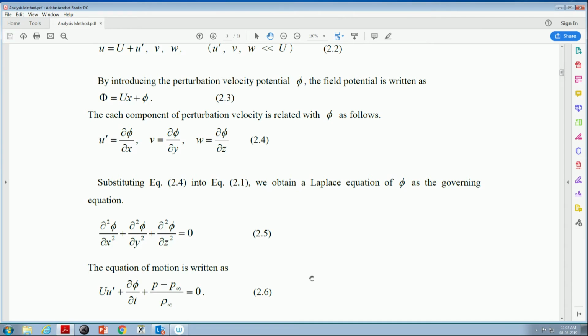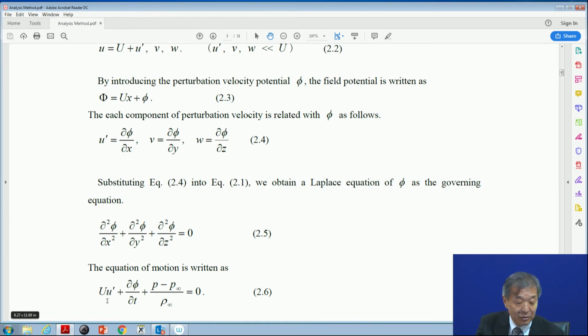And by using the perturbation velocity potential, we can write the equation of motion like this: U d phi dx plus d phi dt plus p minus p infinity divided by rho infinity equals 0. Here rho infinity and p infinity are the reference pressure and density of the uniform flow. So this is the perturbation equation of motion.